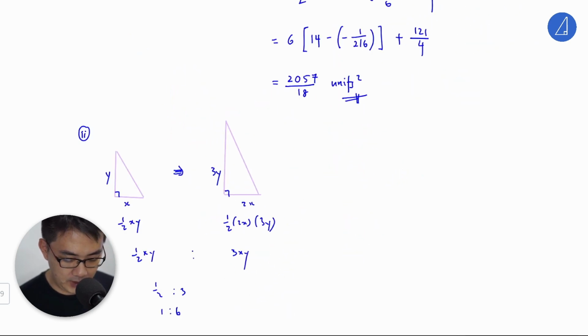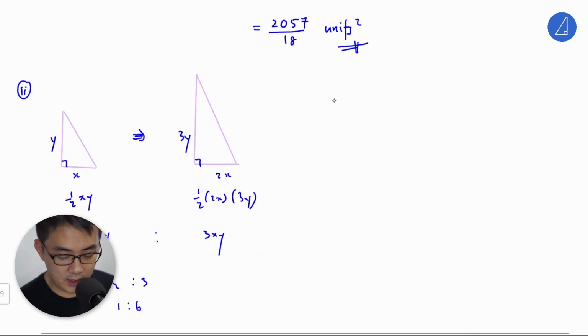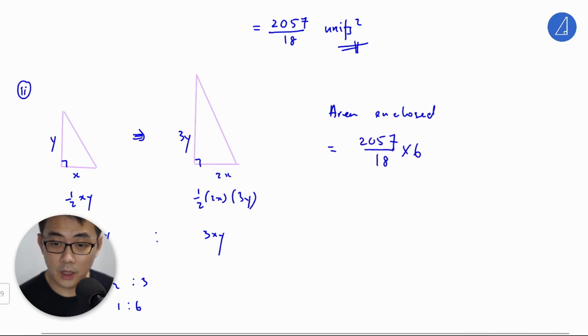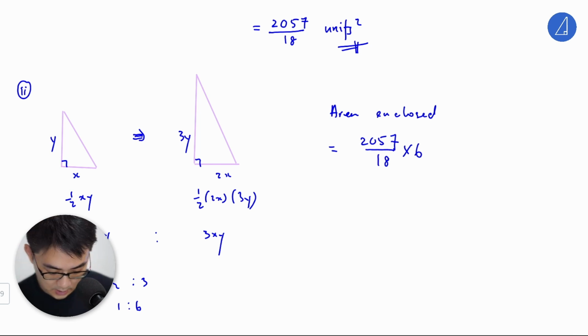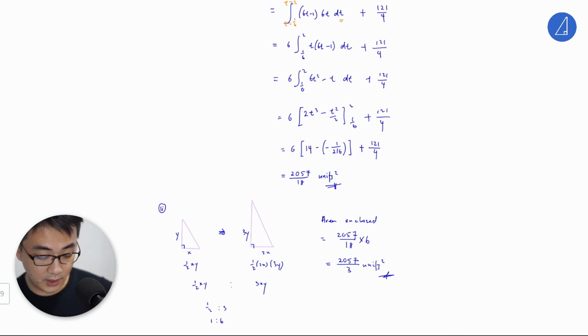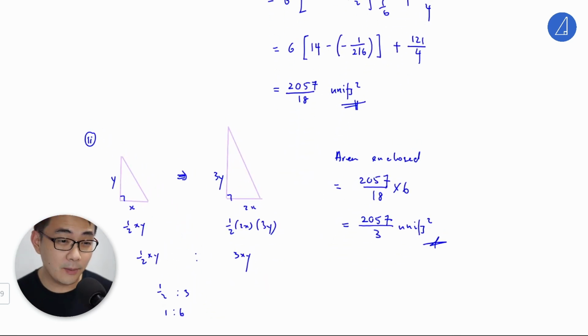Similarly, the new area enclosed will just be 1 to 6. So I'm going to take the previous part, 18, multiply by 6. That will give us 2057 over 3, in units square. So that's how you do this part quickly. Of course, you can use other methods to find it, but this is just an example.